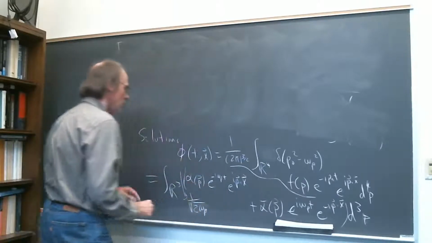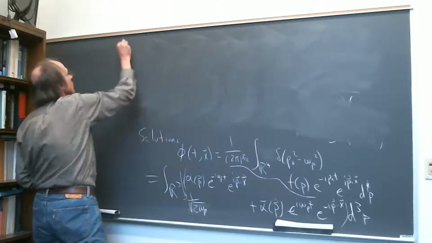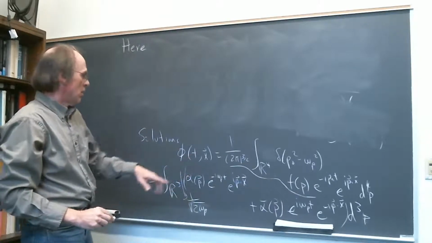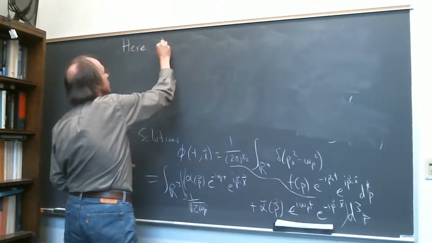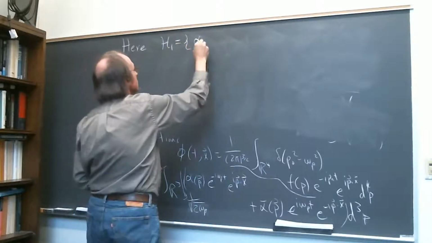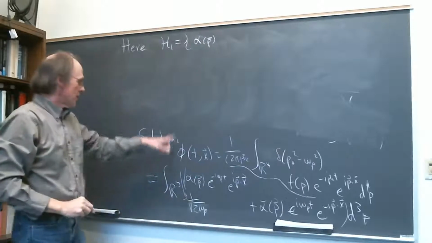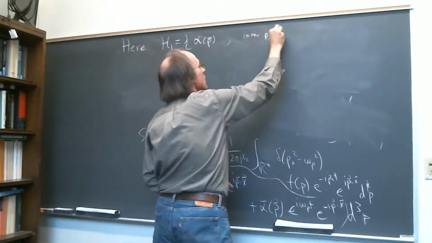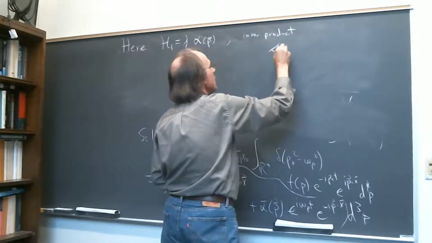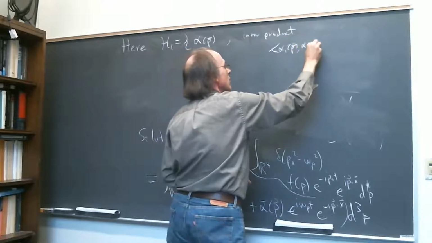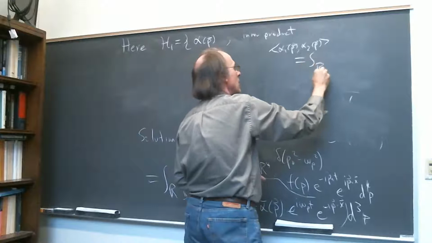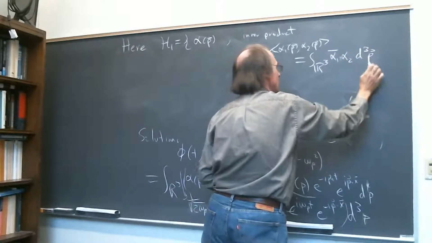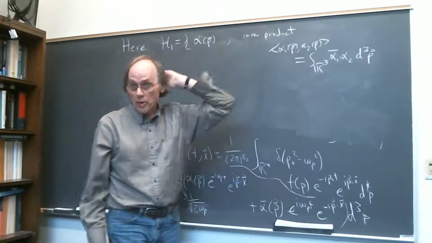So H1 is the set of functions on R3, and then there's the inner product, the integral of alpha 1 bar of p vector, alpha 2 of p vector. So it's just the usual inner product.